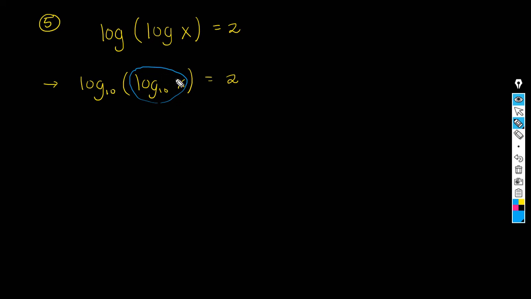No, try to see this as circle, so to speak. Logarithm base 10 of circle equals 2. Okay, I'm gonna write its exponential form. If logarithm base 10 of circle equals 2, that's because 10 to the 2 equals circle.